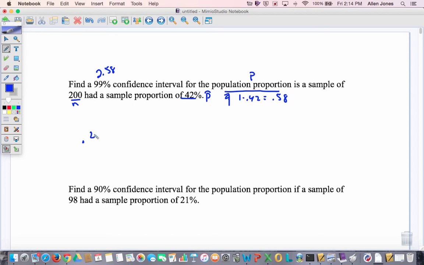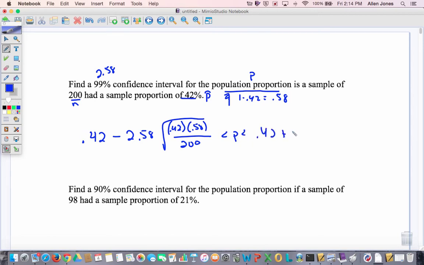As we construct our confidence interval, our sample proportion is 0.42, our z-score is 2.58. Underneath our radical, we have our sample proportion, 0.42, times its complement, 0.58, divided by our sample size, which is 200. Just notice that entire calculation is underneath the radical.